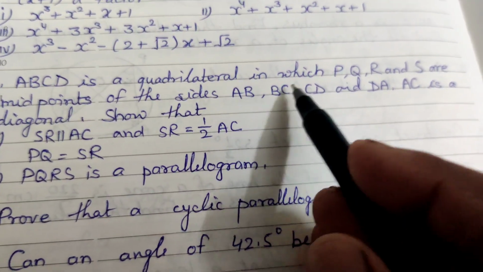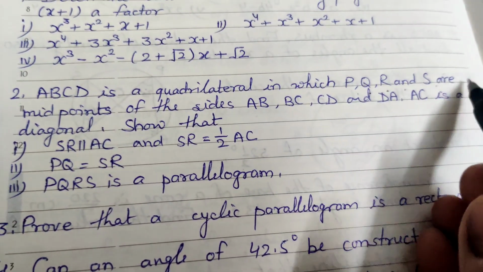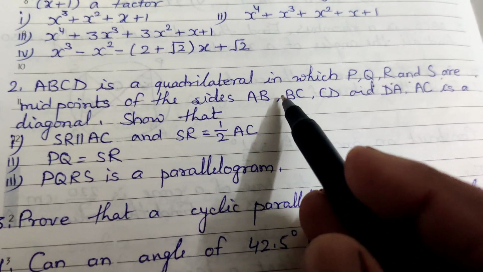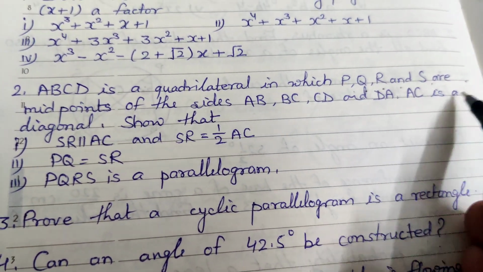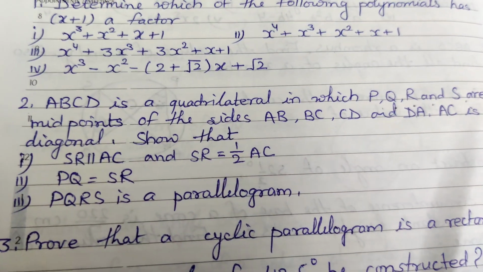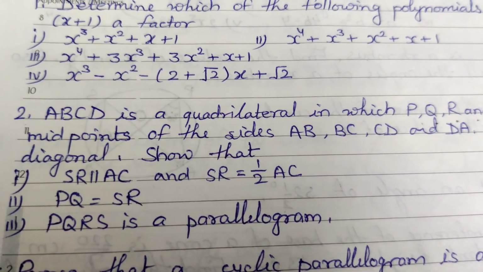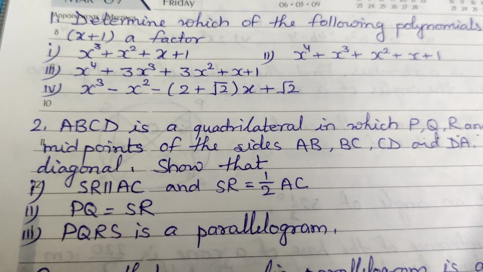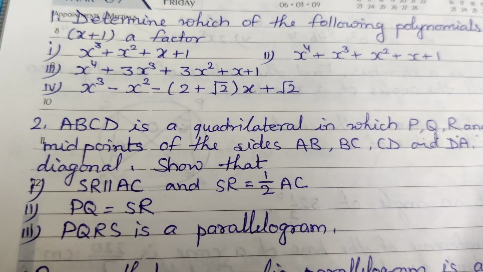Okay. The question number 2. ABCD is a quadrilateral in which P, Q, R and S are the midpoints of the sides AB, BC, CD and DA. AC is a diagonal. Show that SR parallel to AC, SR equal to half of AC. Next, PQ equal to SR, and third, PQRS is a parallelogram.